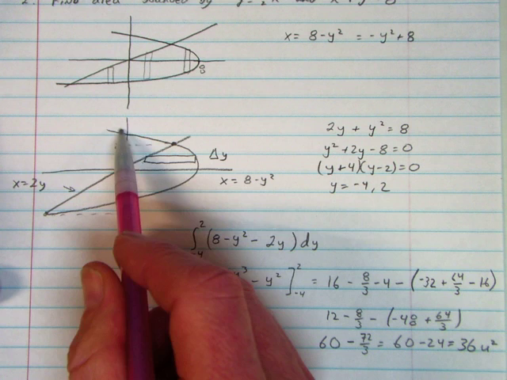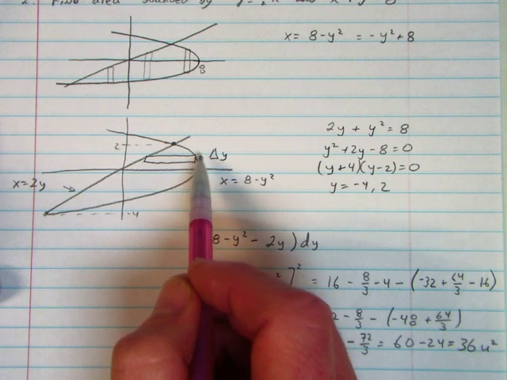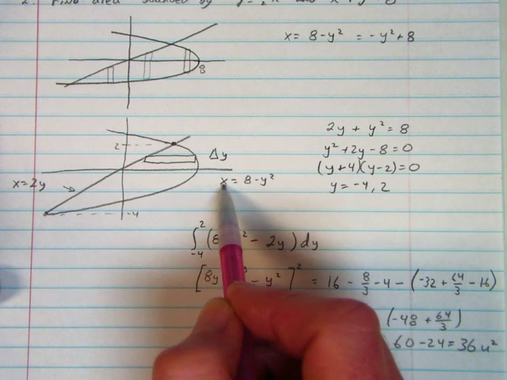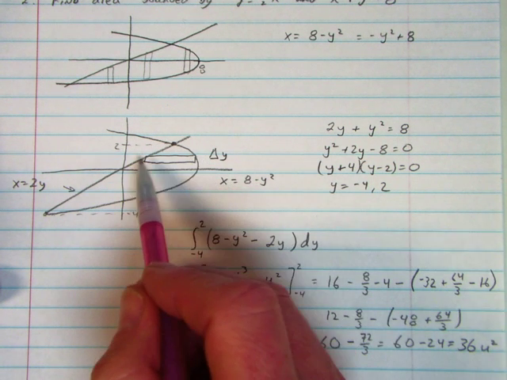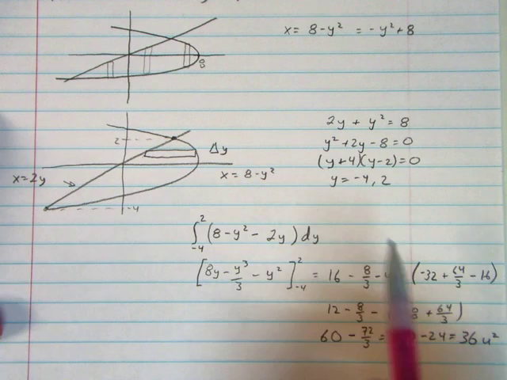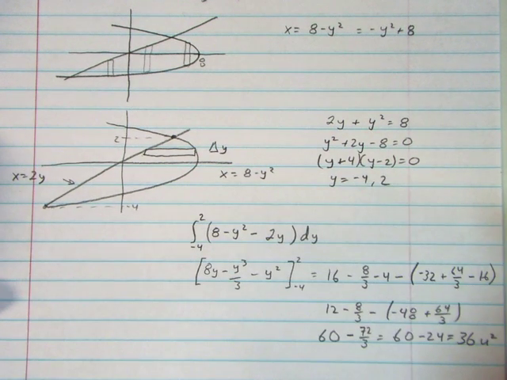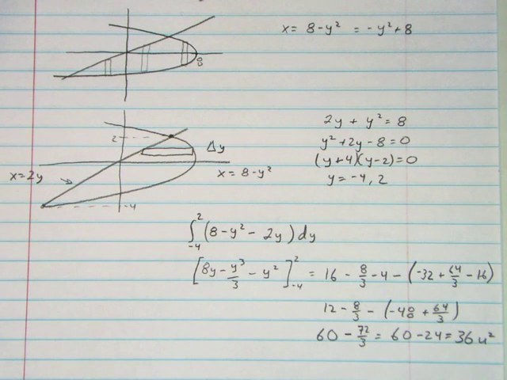It's now the thickness along the y-axis, so it's delta y. We found each curve in terms of y, solve for x for each one, so it's right minus left, and then found our limits of integration, and at that point it's fairly straightforward. Find the antiderivative, plug in the lower and upper limits, and subtract. And that is all.